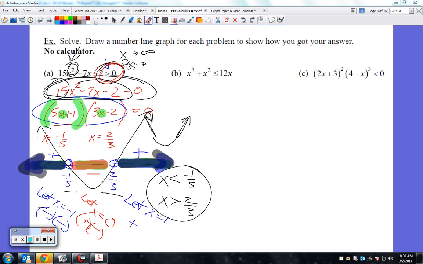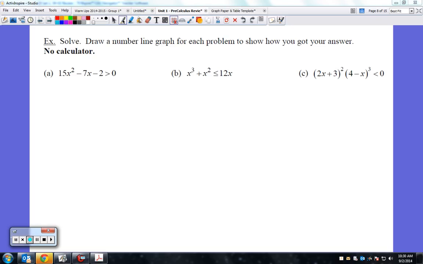All right, so here we go. Now we go to B. Allison, what would be the first step? Perfect. So x cubed plus x squared minus 12x. Notice how I did that equal to 0 again.